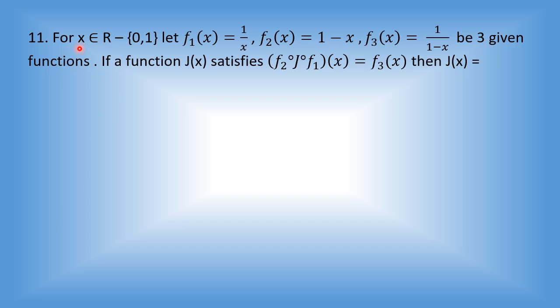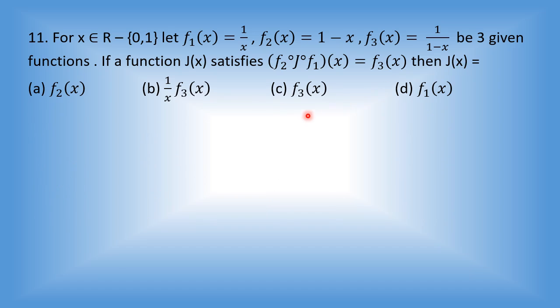For x belonging to the set of all real numbers other than 0 and 1, let f1 of x, f2 of x and f3 of x be 3 functions defined on this set. If a function j of x satisfies this condition, the composition of these 3, then we have to find what j of x is.